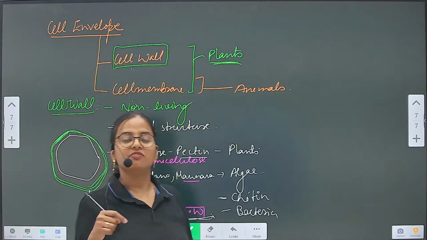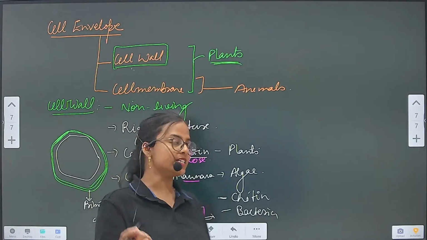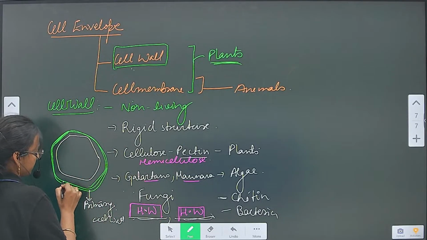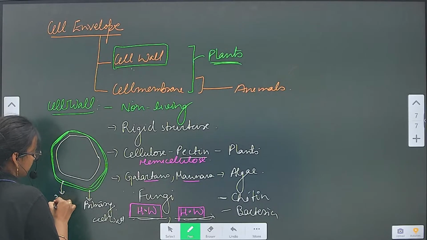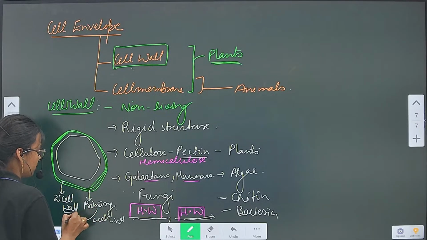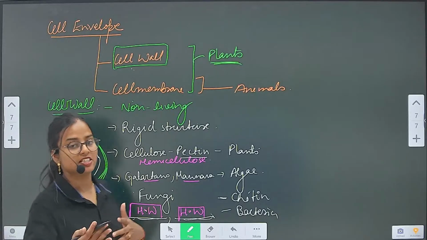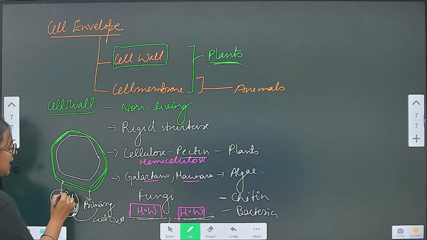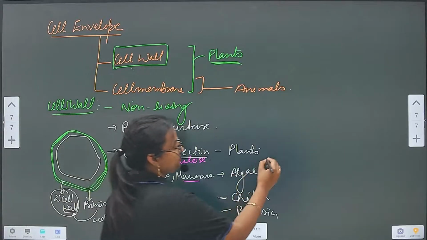The one which is formed later is the secondary cell wall. The same primary cell wall gets deposited with one more secretion, converting the primary cell wall into the secondary cell wall. You must be aware of this.